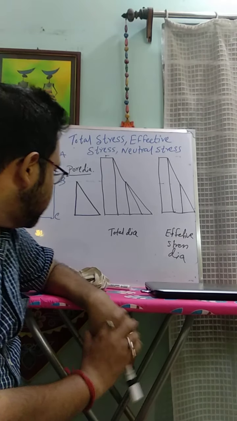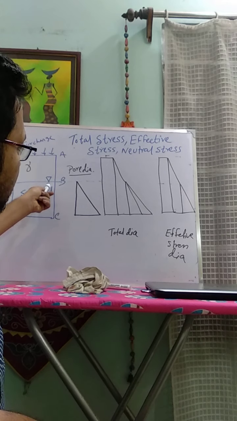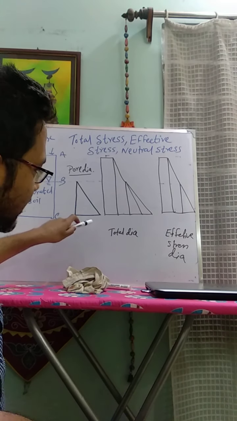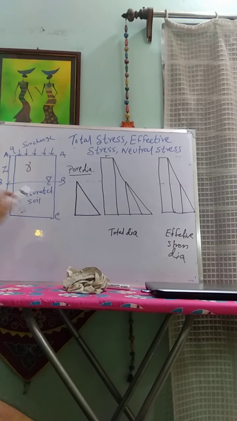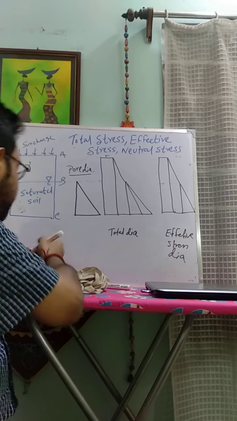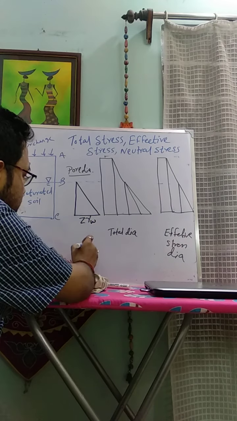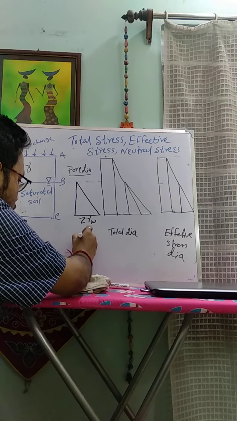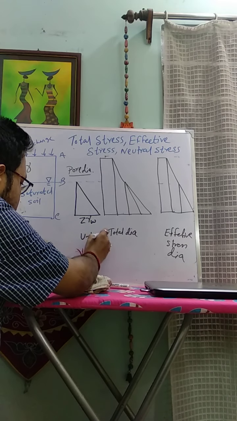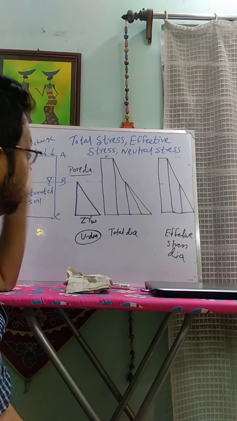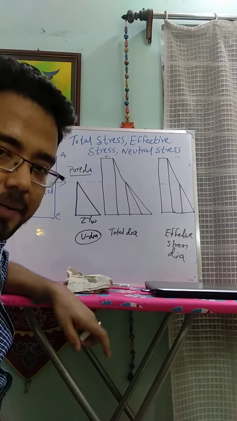That's why below the water table the water stress diagram has this pattern, and this distance Z times gamma W, that is the U diagram, the pore stress diagram.